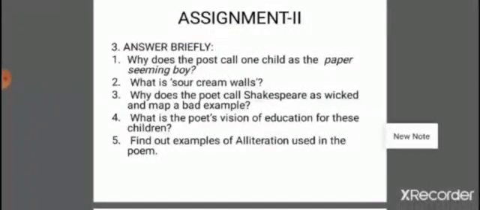Now, assignment number 3, that is short questions. You have to answer them briefly in around 30-40 words. Why does the poet call one child as the paper seaming boy? Then what's sour cream was? Why does the poet call Shakespeare as wicked and Map a bad example? What's the poet's vision of education for these children? And then you have to find out examples of alliteration used in the poem.